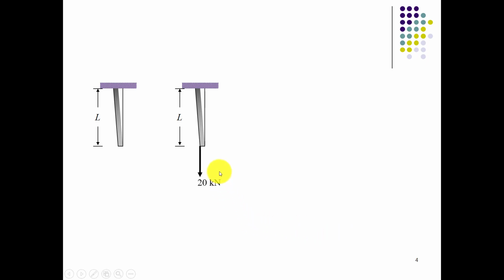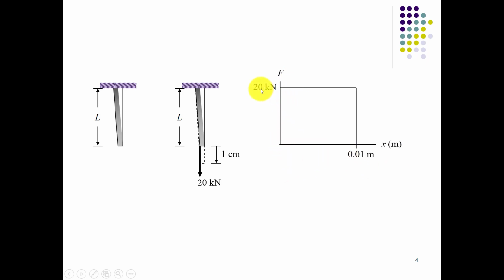So for example, we have a 20 kilonewton load acting upon it, and there's a 1 centimeter deflection, so 1 centimeter of elongation caused in that bar element. If we draw the force delta graph, we can see that with a maximum value of 20 kilonewton, there is a maximum elongation of 1 centimeter.